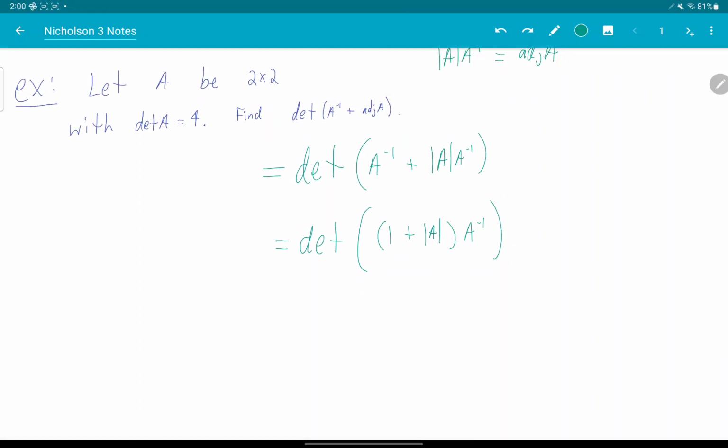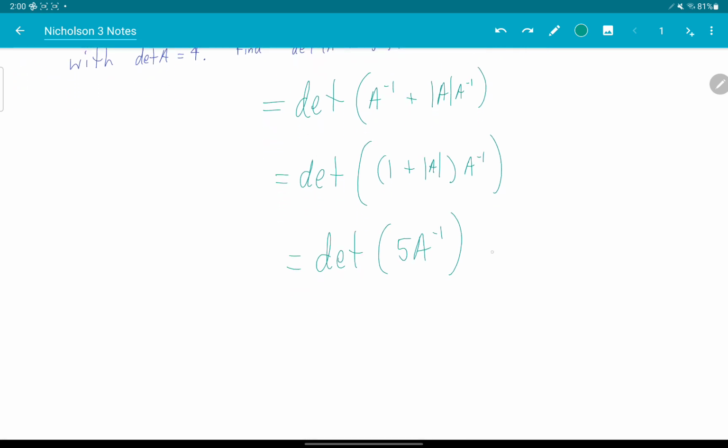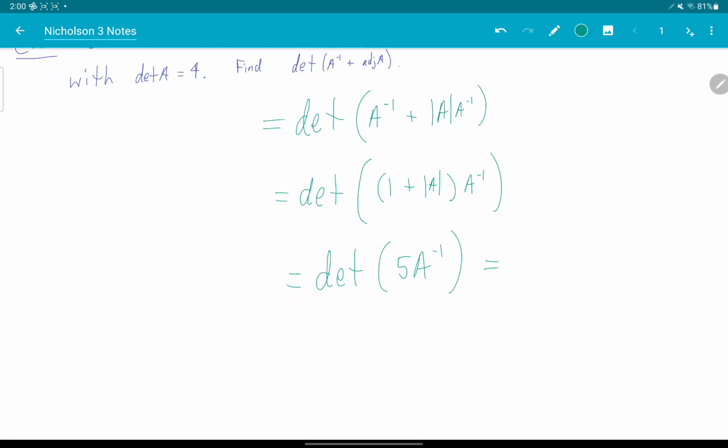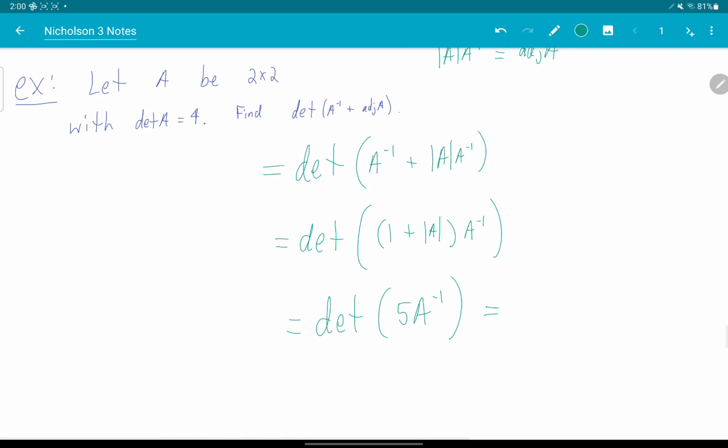Okay, now I can use the fact that the determinant is 4. So I get determinant 5 A inverse, because I got 4 plus 1. And then the 5 can come out. Remember, when the 5 comes out, you have to put the exponent 2.